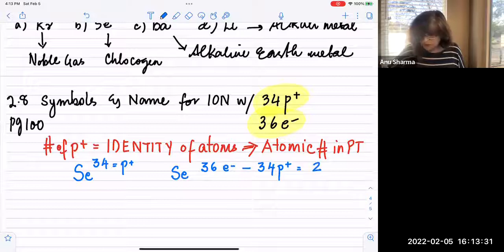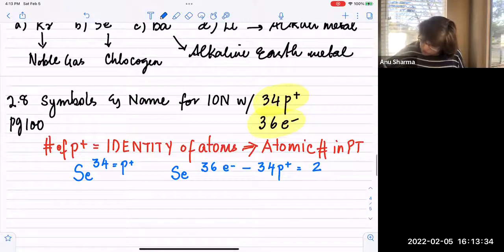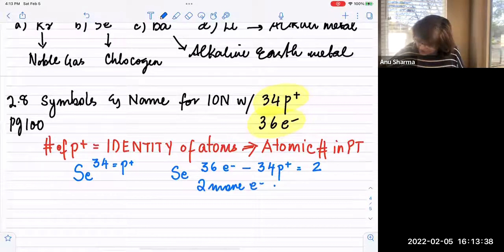There are 2 more electrons, therefore 2 minus charges.